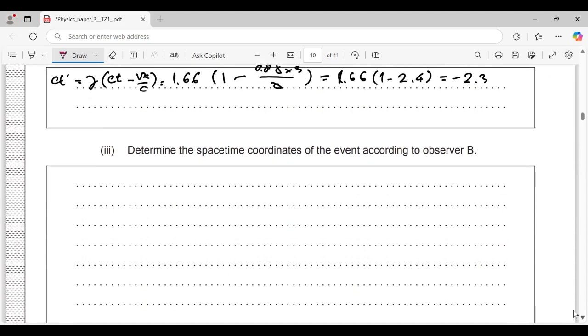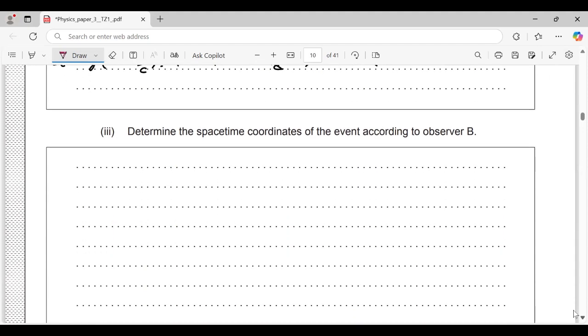Determine the space-time coordinates of the event according to observer B. According to observer B, x' equals gamma times (x minus Vt). Just now I wrote this formula, according to the Lorentz transformation.